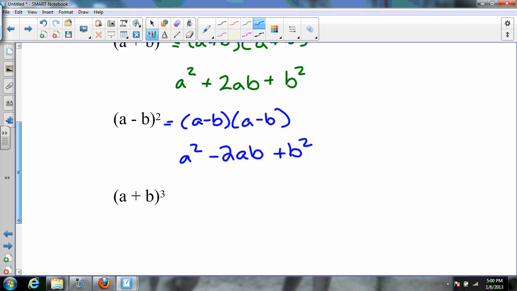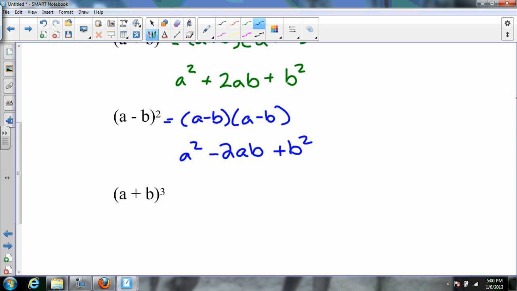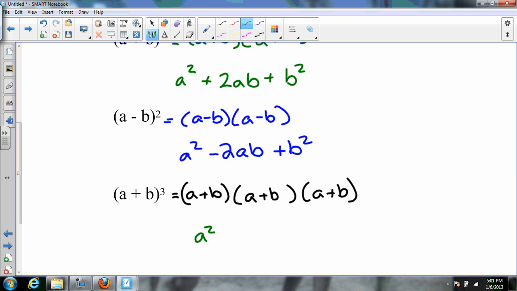If you have a plus b cubed, it goes to a plus b times a plus b times a plus b. Well, we already know that a plus b times a plus b, which is up here in green, becomes a squared plus 2ab plus b squared.